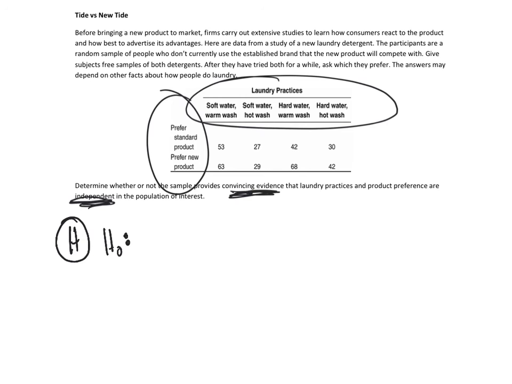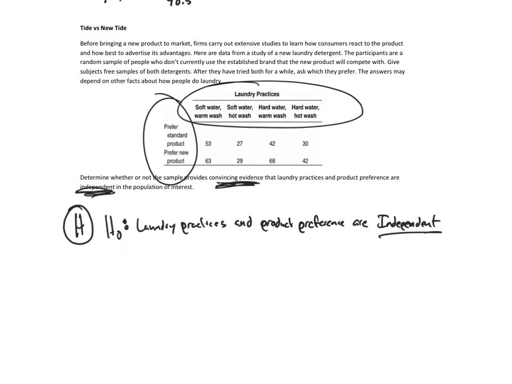Null hypothesis. You always use the word independent in your null hypothesis when we're talking about an association independence. So here's what it would sound like. Laundry practices and product preference are independent of each other.